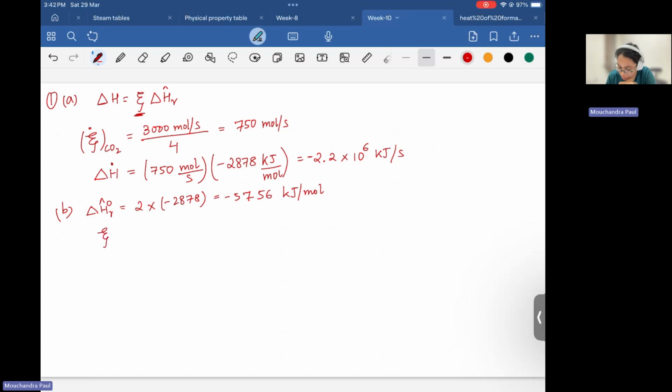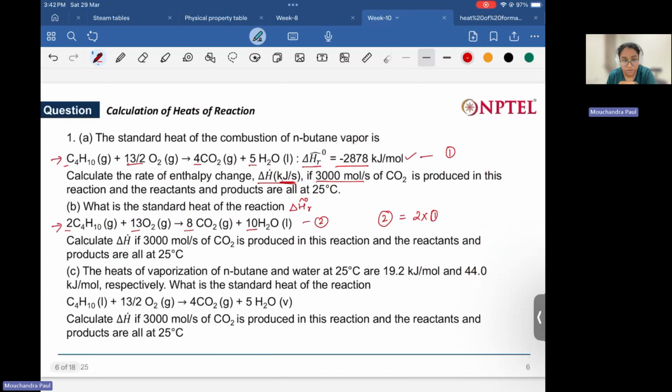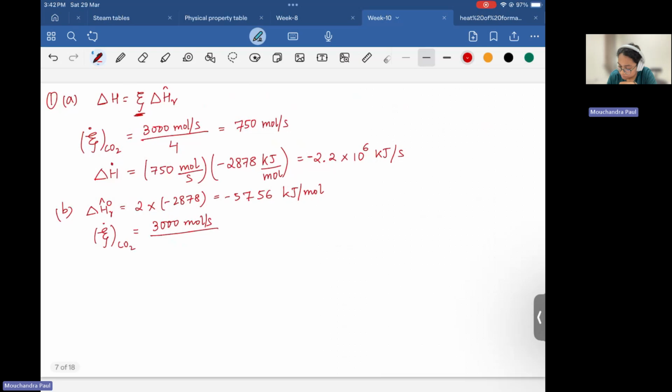But before that, the extent of the reaction is also changed now. Now it will be written as 3000 moles per second divided by the stoichiometric coefficient of CO2, which is now 8.